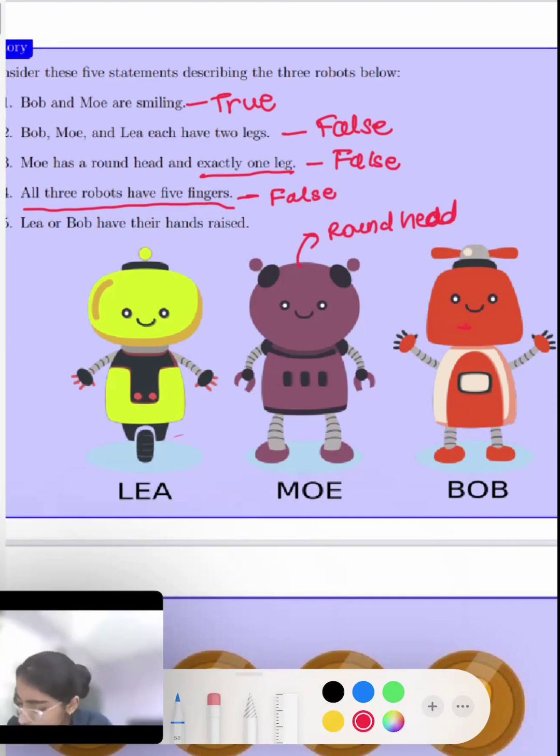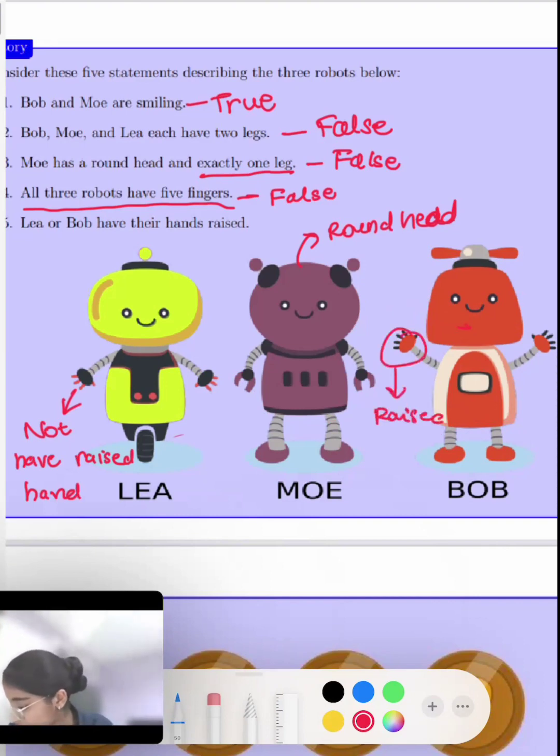So Leah does not have her hand raised. However, Bob does have his hands raised. Therefore, this statement is true either way because Bob does have his hands raised.